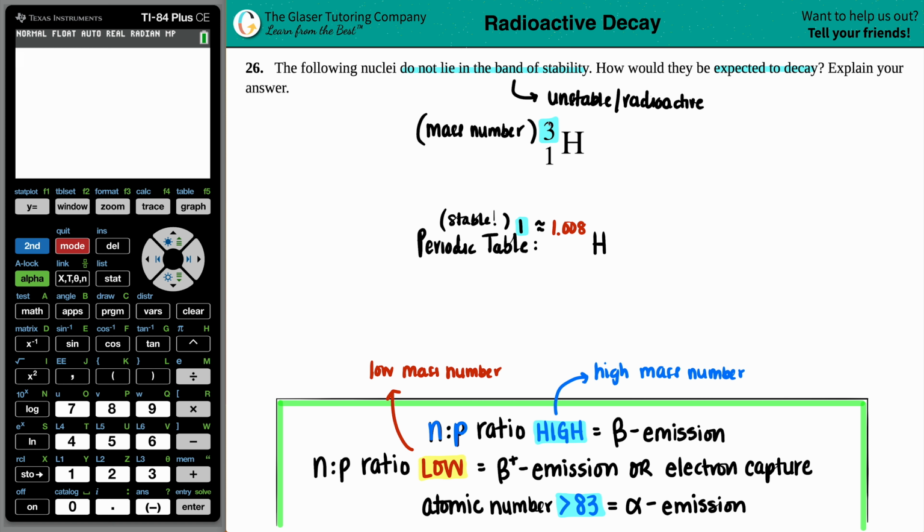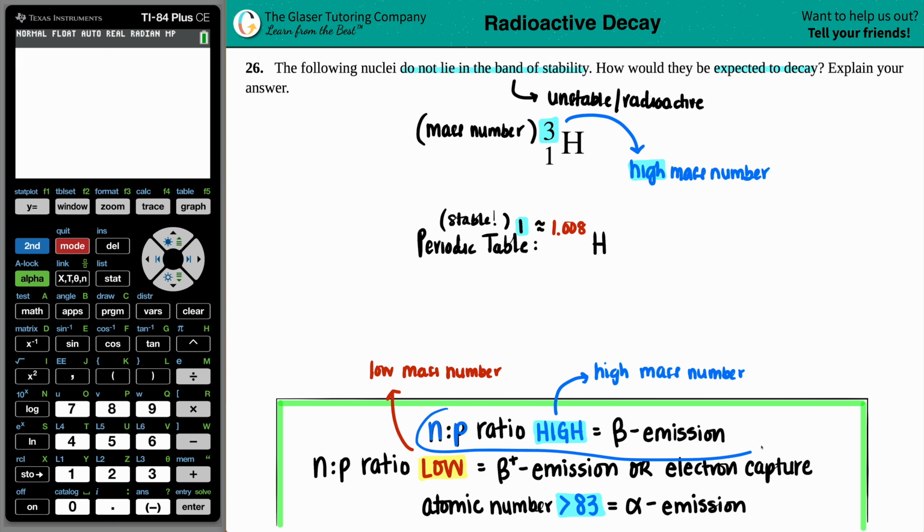But in our example, we have a 3. This is a way too high mass number. So all you're doing is just comparing the mass number that they gave you to the general whole number mass number on the periodic table. Since now we have a way too high mass number, we know that we've got to bring that ratio down.